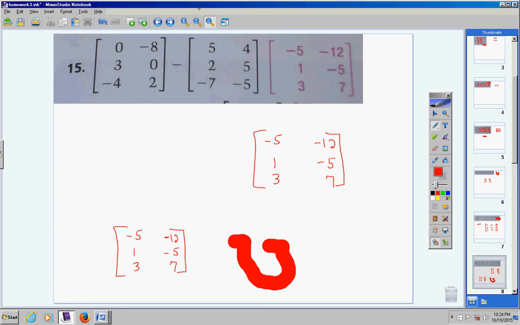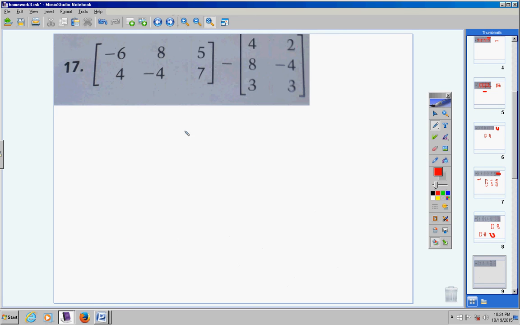Okay, moving on. Number 17. Now we are not going to be able to subtract these because this has 2 rows and 3 columns, 2 by 3. This has 3 rows and 2 columns. Are the orders or the dimensions identical? Well, of course not.